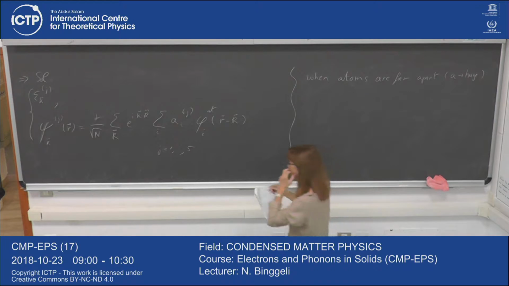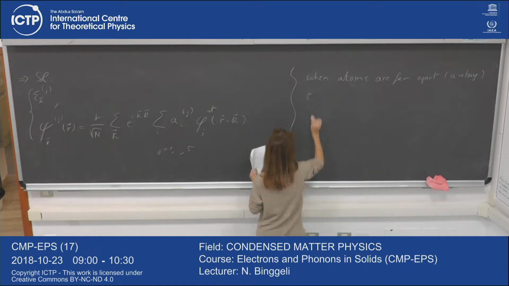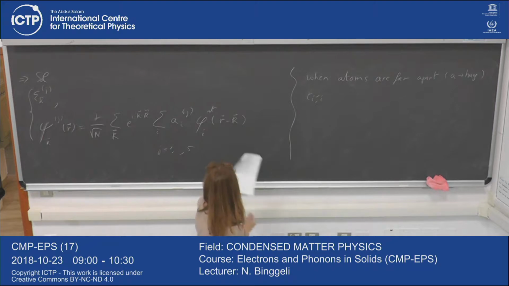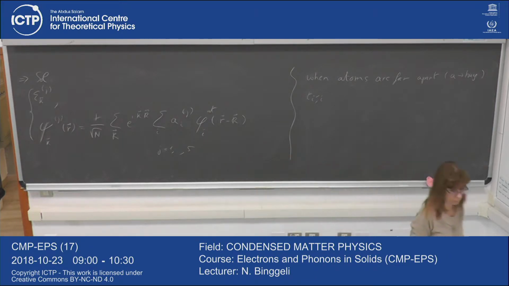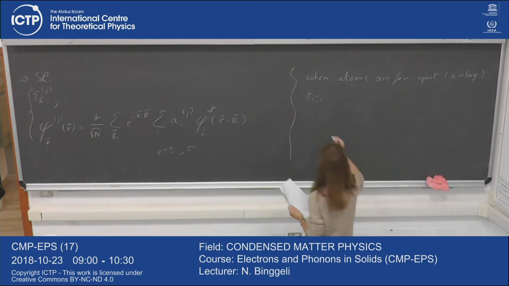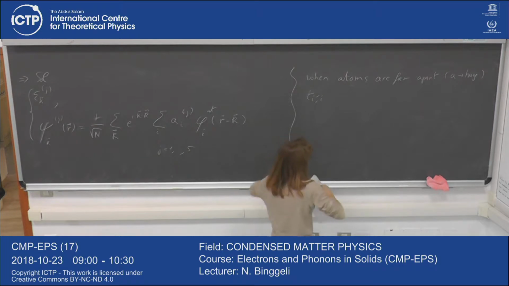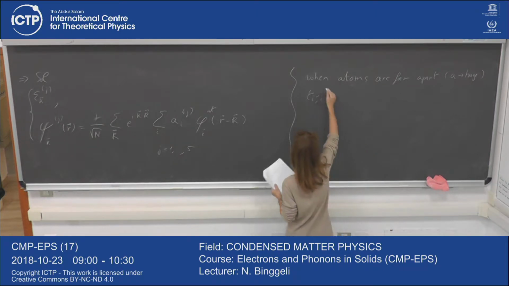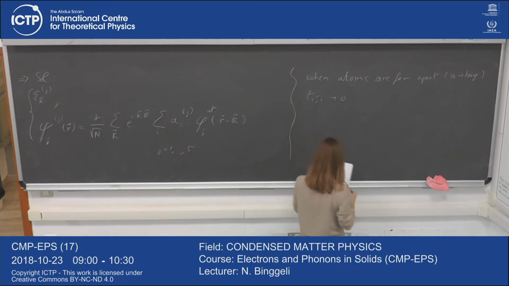Then one obtains that the hopping terms, the T i prime i, here I'm considering the case of one atom per unit cell. But if one expands everything, one would obtain the same results also for more atoms per unit cell. So when the atoms are far apart, the T ij tend to 0.